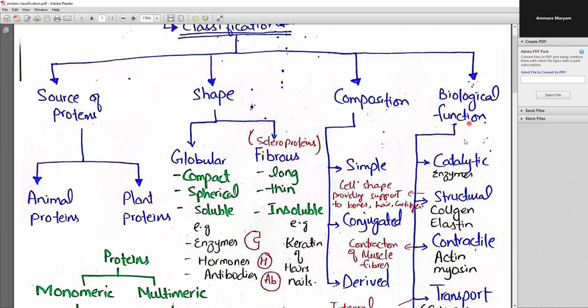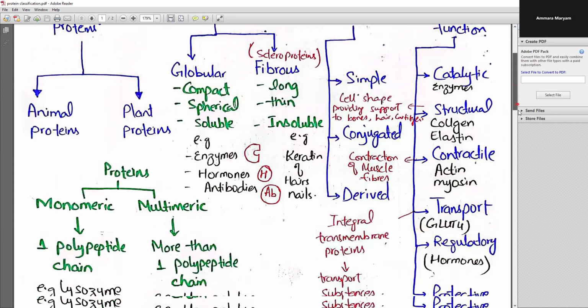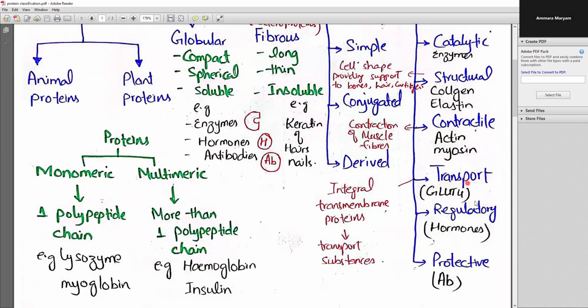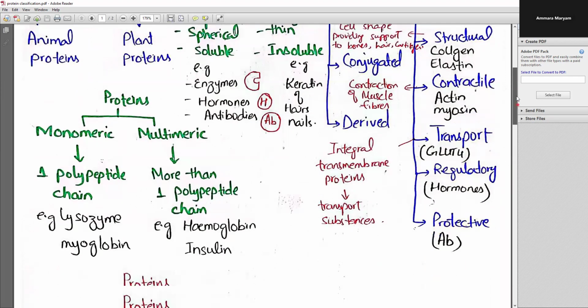This classification is mainly based on the particular function carried out by the protein. So these can be catalytic proteins, structural proteins, contractile proteins, transport proteins, regulatory proteins, protective or defense proteins, storage proteins, etc.